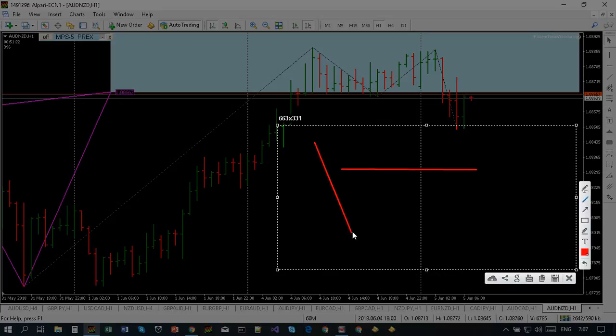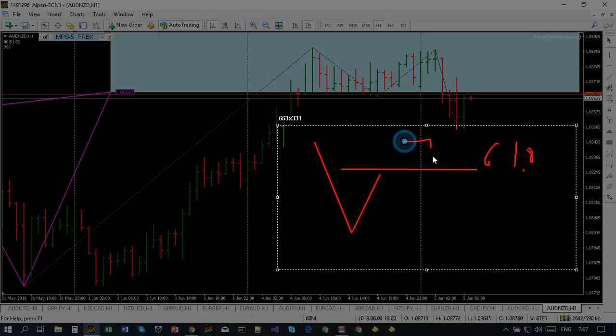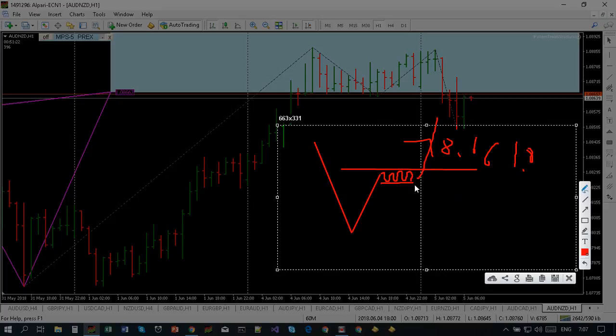So the movement was this, and it is a simple retracement of 618, 786, or whatever. So it doesn't matter. When you see the price coming close to this retracement, and then you see it moving this way, odds are in your favor that you will have it this way.